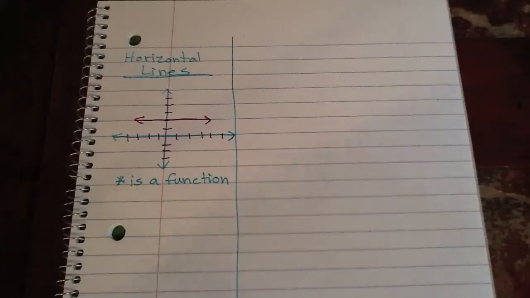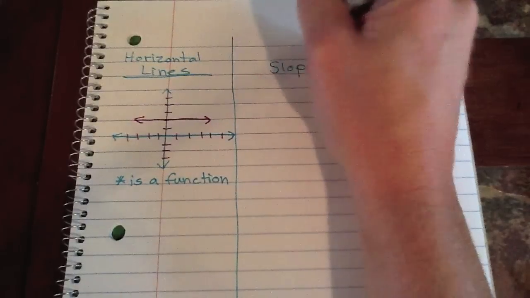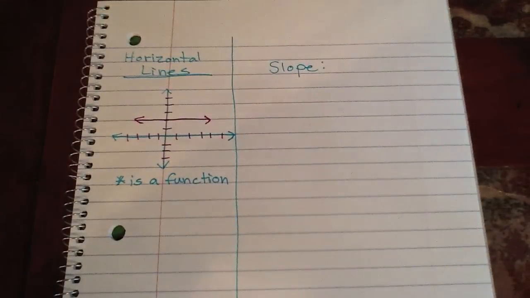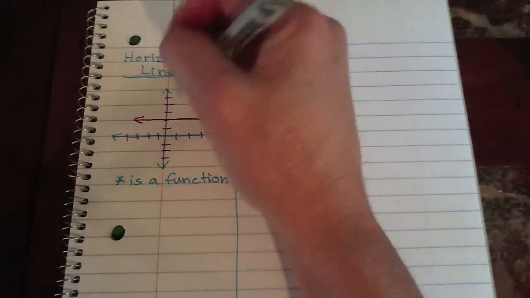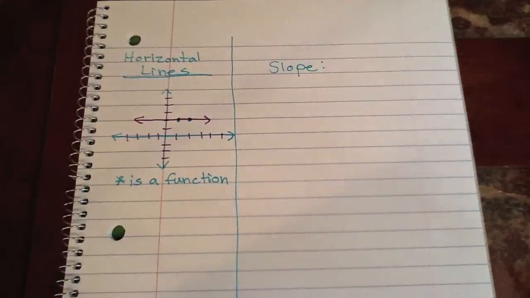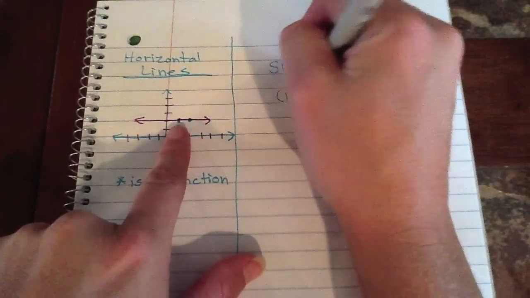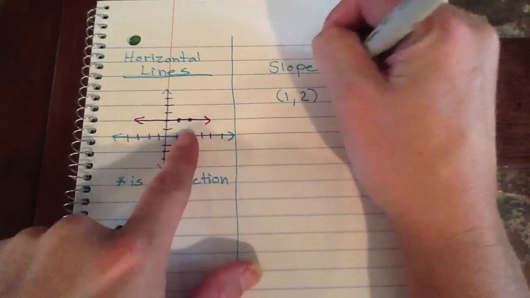And I'm just going to go ahead and show you why the slope is what it is, and then we'll just memorize it, hopefully, so you won't have to do this every time you see these. You can memorize this. But if I was going to find the slope of this, I just need to pick any 2 points. So let's say I'm going to pick this point and this point. So I have the point 1, 2, and I have the point 2, 2.